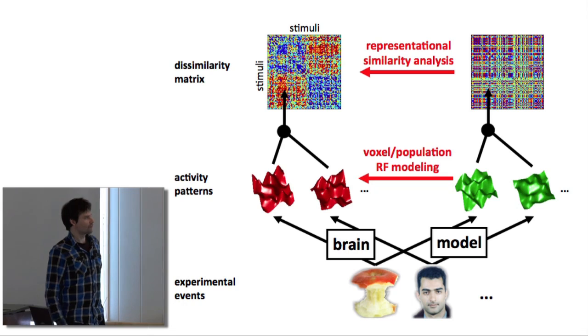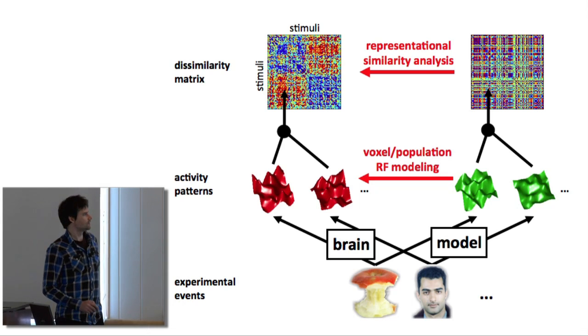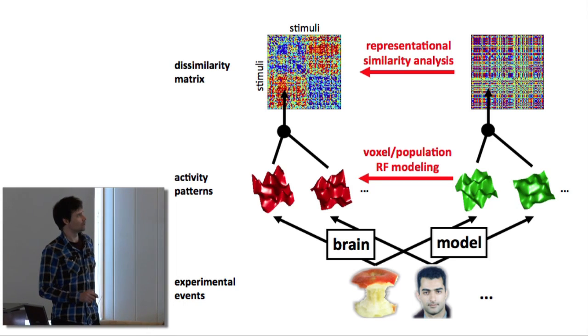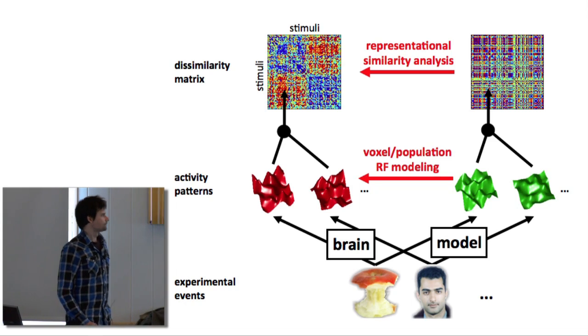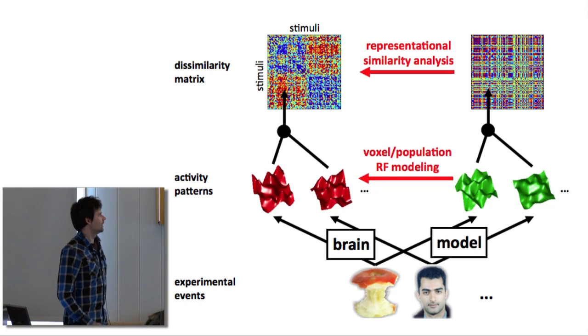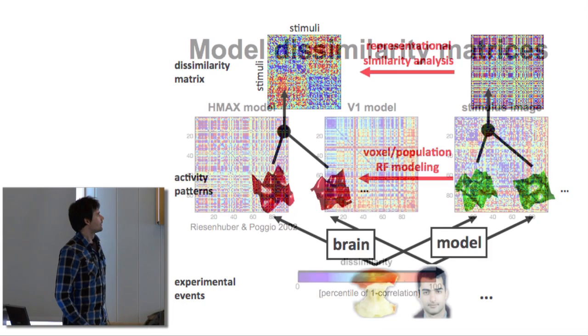And this is attractive because it obviates the need for defining this correspondency. So we don't need to fit this linear model at this stage, and we also don't need to control for overfitting that is associated just with establishing this relationship. Right? We can just directly correlate these dissimilarity matrices. And that's what I call representational similarity analysis.